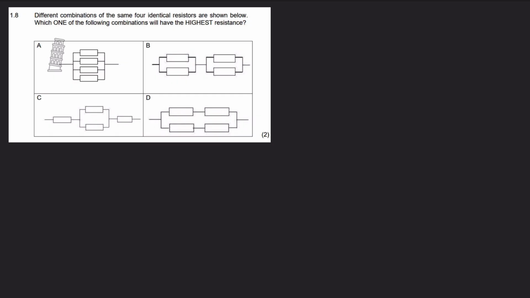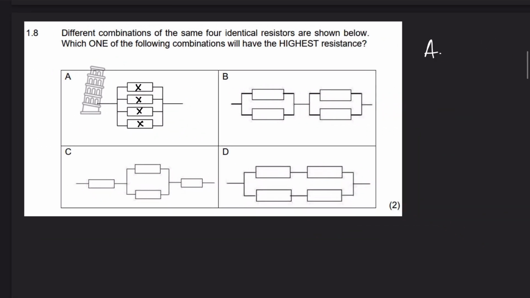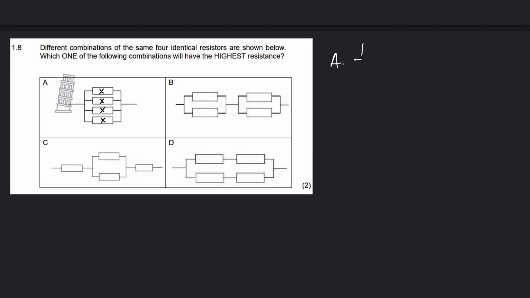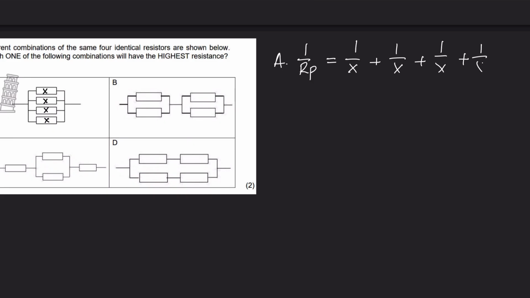So let's test A. Let's assume that each one is x, x, x, x. Since they're all in parallel here, we will say that 1 over R parallel is equal to 1 over x plus 1 over x plus 1 over x plus 1 over x.